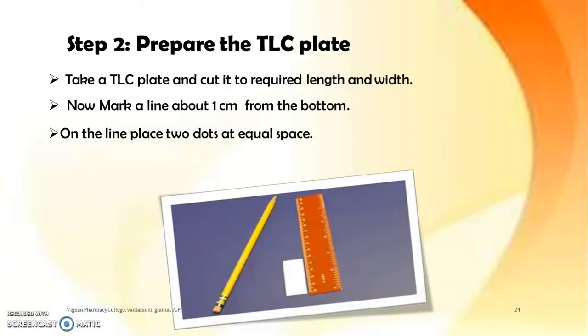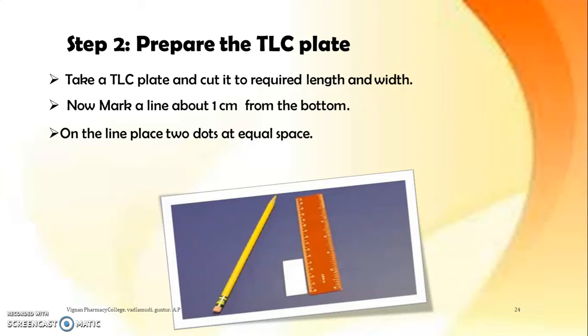Now, the second step is preparation of the TLC plate. Take the TLC plate or glass slide and cut it to the required length, or if it is aluminum plates. Here we are using glass microscopic TLC plates. First of all, we have to prepare the slurry.